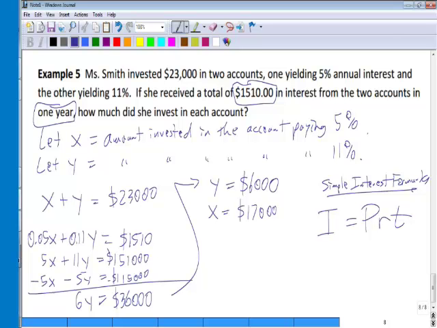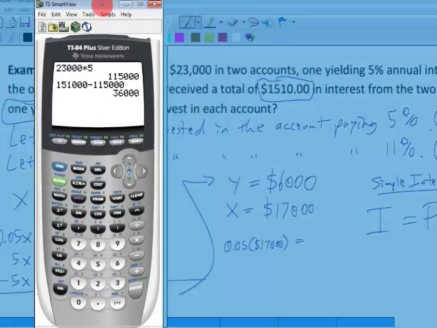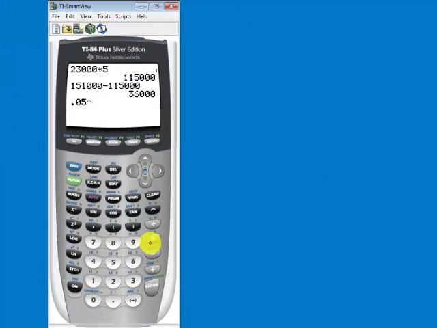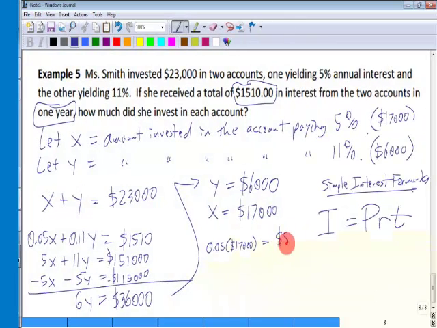As a quick check, now again, if we've not made a mistake, this is the correct solution to this: $17,000 in the account paying 5% and $6,000 in the account paying 11%. But just to check it, we could calculate 0.05 times $17,000 and see exactly how much interest she would have earned from that $17,000, and get that that's $850 interest.